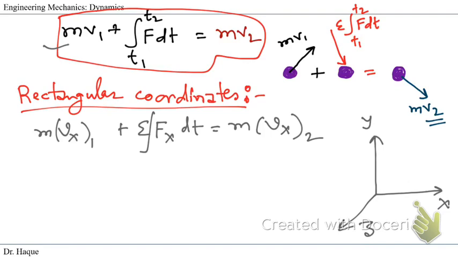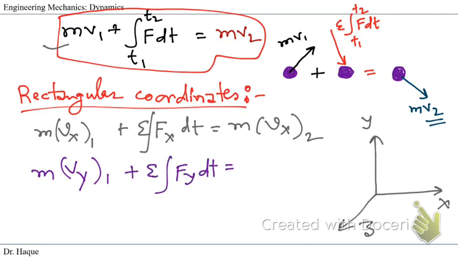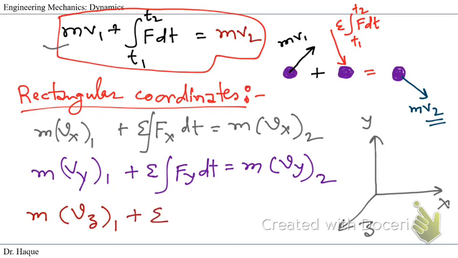Similarly, we'll have m vy1 plus the integral of Fy dt equals m vy2. And in the z direction, m vz1, the initial one, plus the integral of force in the z direction dt equals m vz2, the final one.